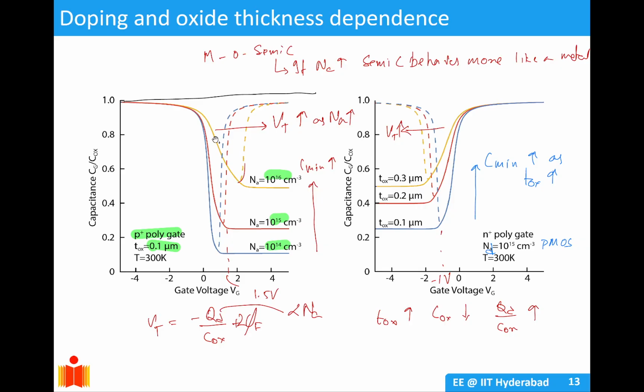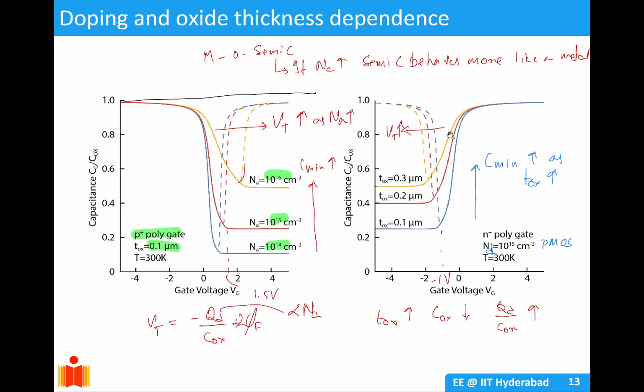So you can see as your Na is increasing, your VT is also shifting towards higher gate voltages here, because VT is minus QD by Cox plus 2 phi F, where QD is proportional to your NA. So as your QD increases, your VT will shift to the right.